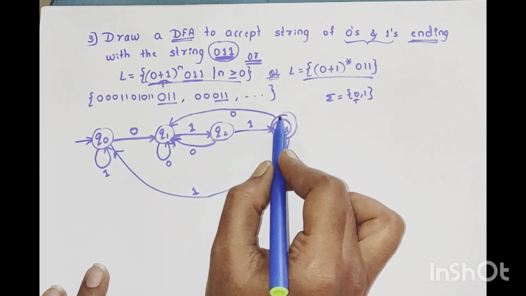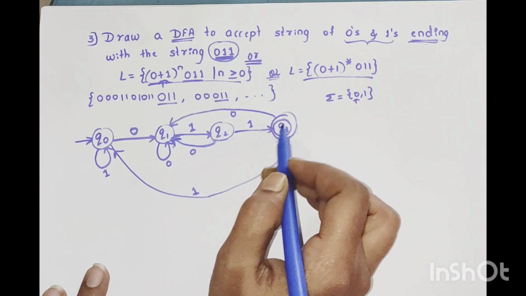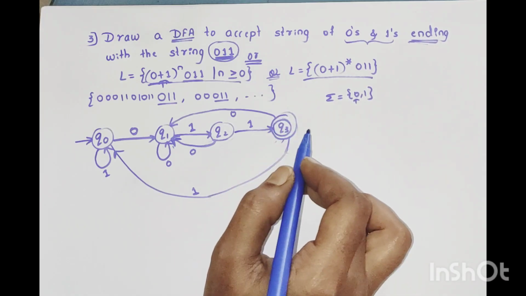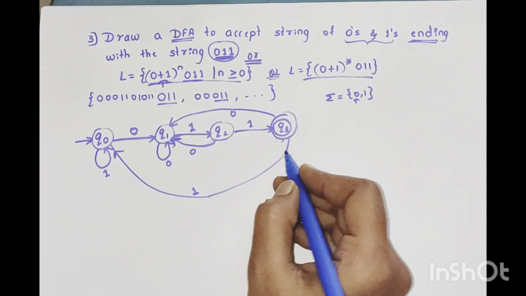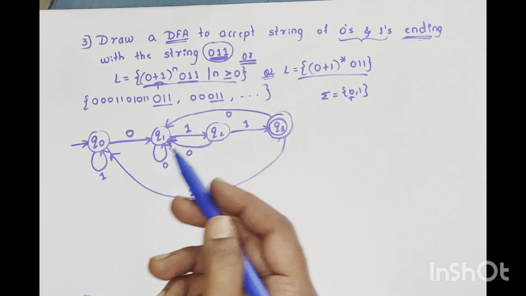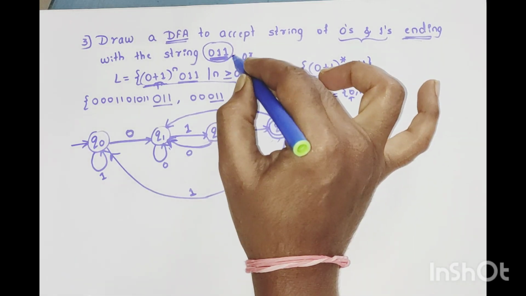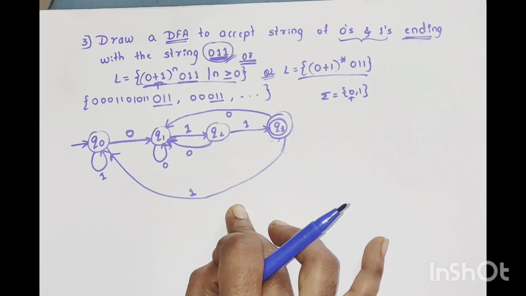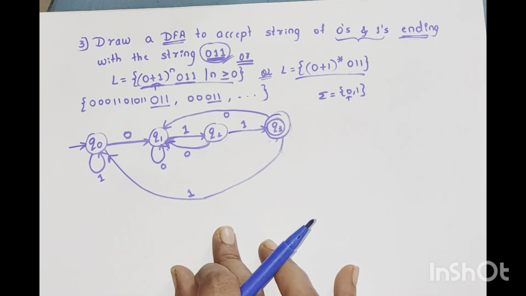If the machine goes for this 0 from Q3 to Q1, then again 0 1 1. So therefore the condition will not further fail. And here you can observe that there is no reject state being introduced, because we have certain possibilities where we can divert the machine back from the start state to the end state with the given condition. So therefore this is the final answer for this particular given language.